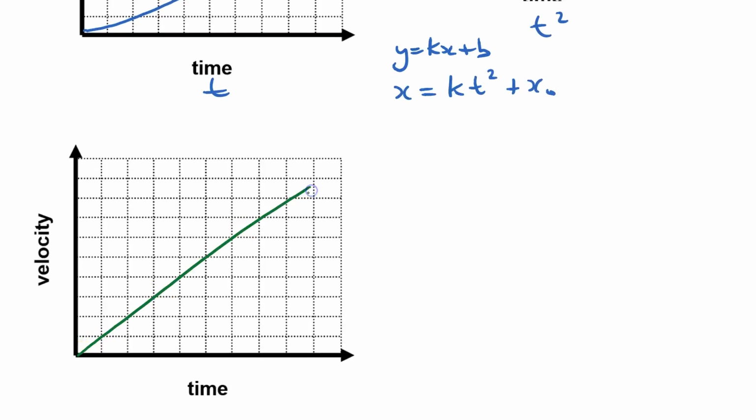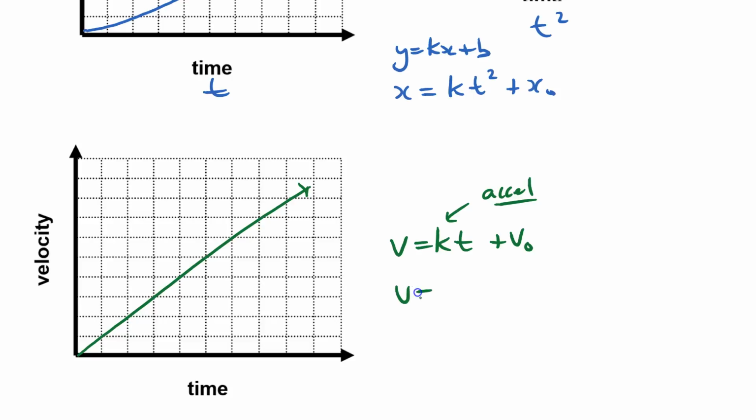Okay, and then on the next one, maybe I'll shift to green here, on the velocity versus time, right away when we graphed this, we got a straight line. So our graph here would have been velocity equal to some k multiplied by t plus v0. And it didn't take too long for me to tell you that that particular constant is acceleration.